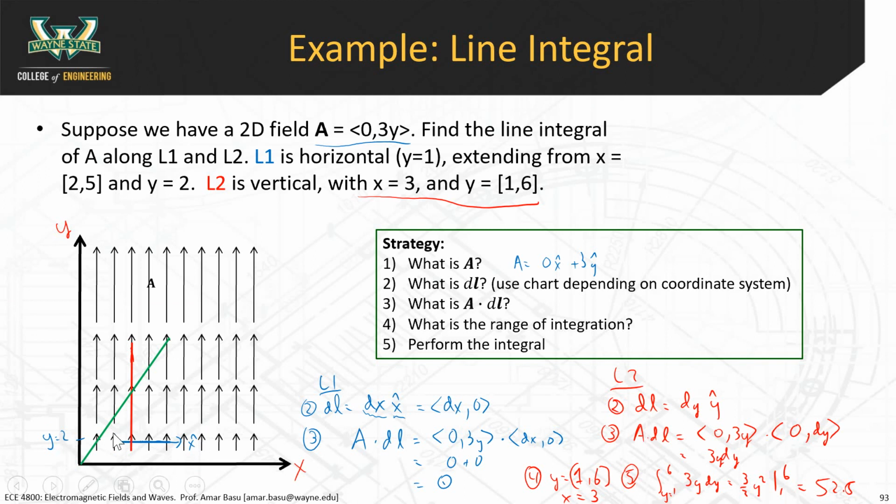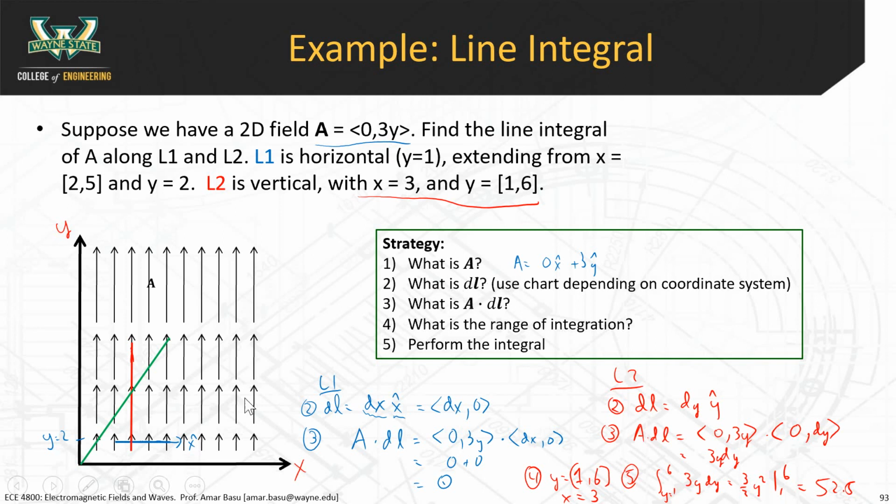In this case, you can see that the line is horizontal. When you use this strategy, a shortcut that only applies to this specific problem, the intuition is that you figure out what A is. We know what the A vector field is that's given to us. What is dl?